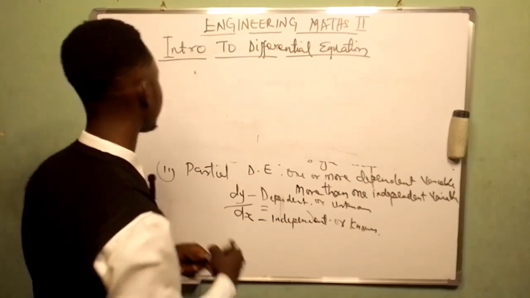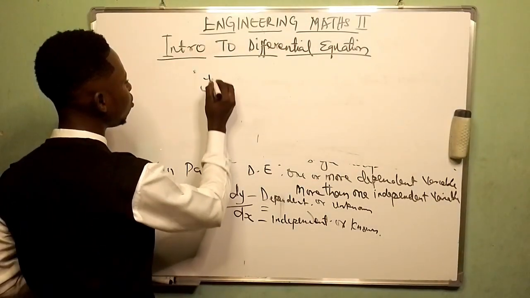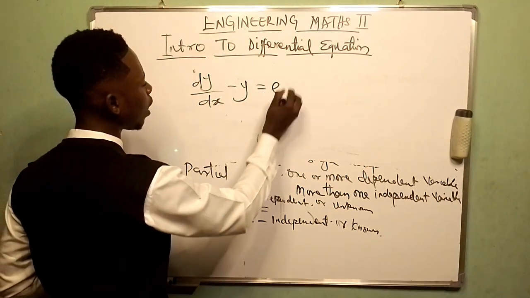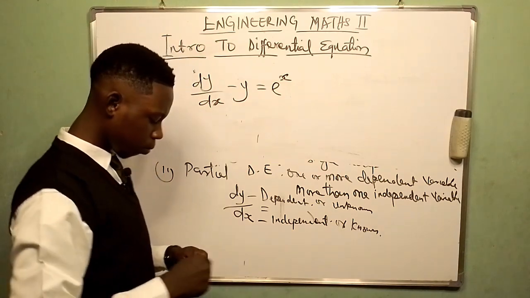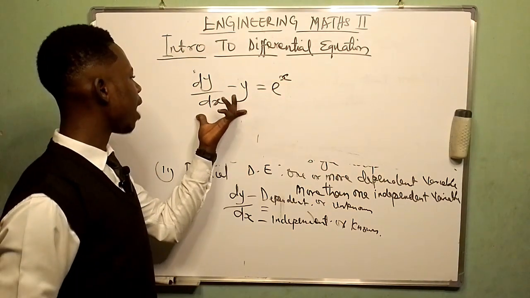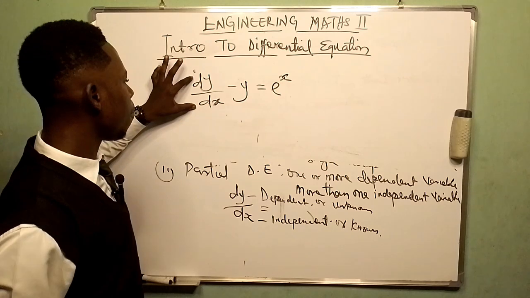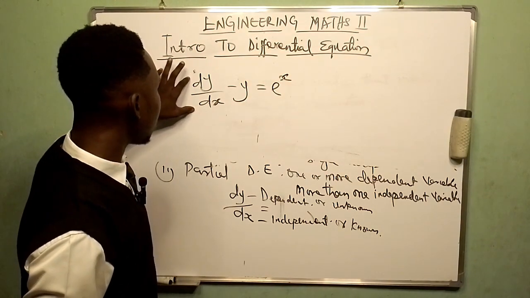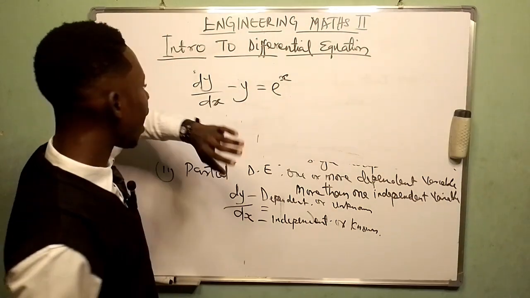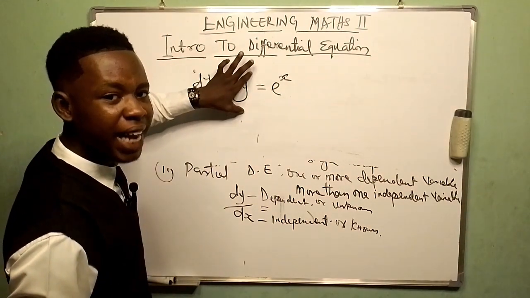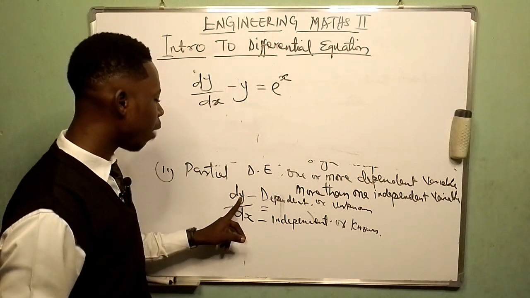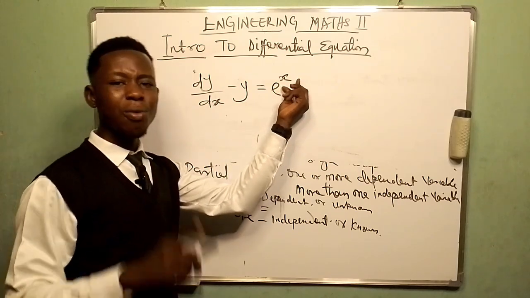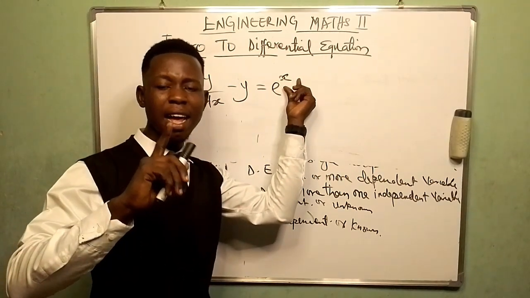These are the examples. Let's assume you have dy over dx minus y equals exponential x. How many variables are you seeing here? You are seeing a derivative of y. Now this is a variable and this is another variable. It has one or more dependent variables. Don't forget I told you that your dy is a dependent variable. But it has only one or single independent variable.